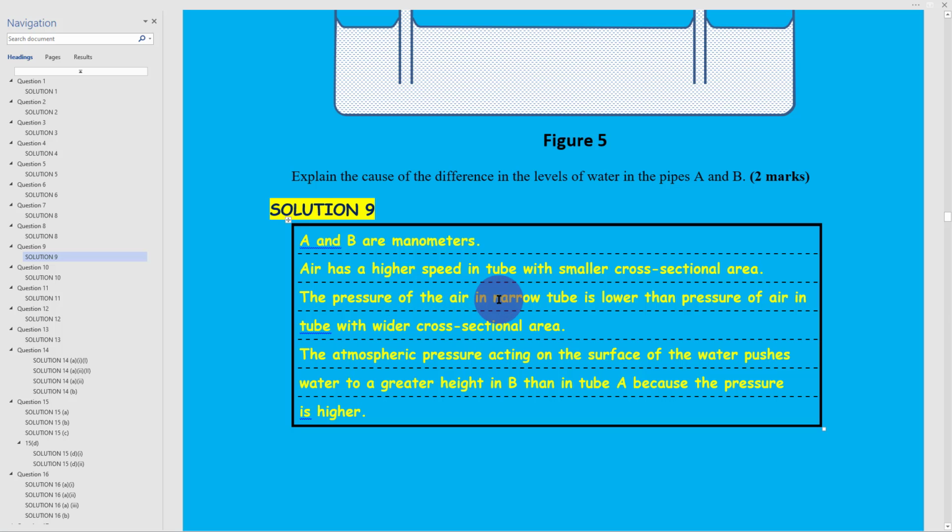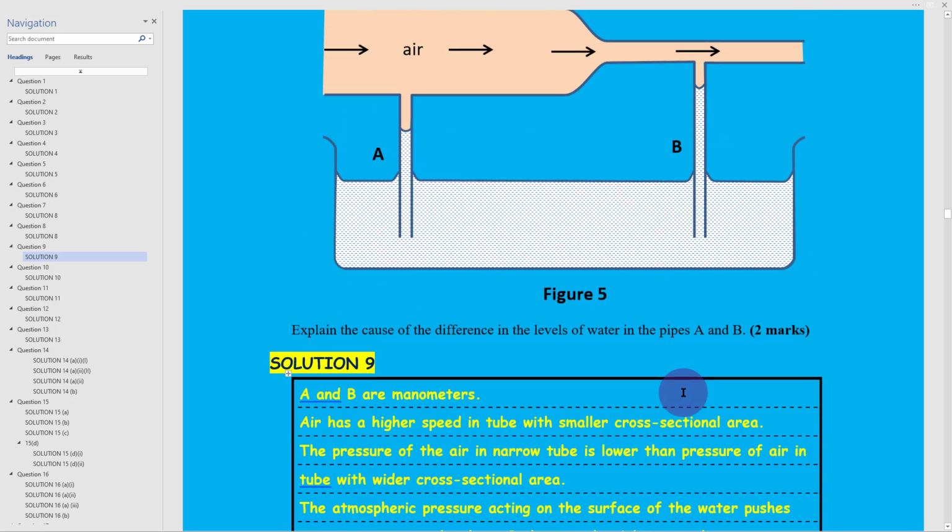The pressure of the air in the narrow tube is lower than the pressure of the air in the tube with wider cross-sectional area. The atmospheric pressure acting on the surface of the water pushes water to a greater height in B than in tube A because the pressure difference is high.